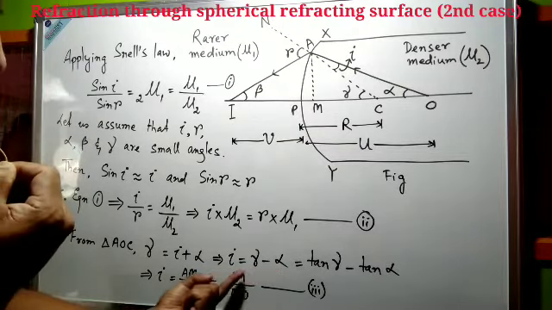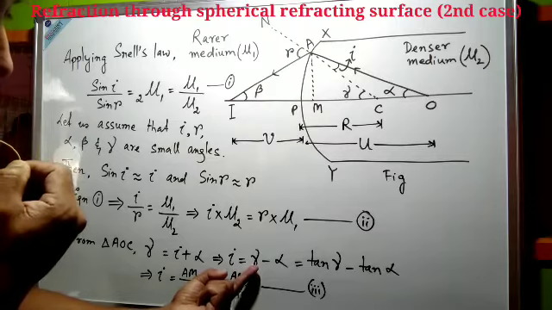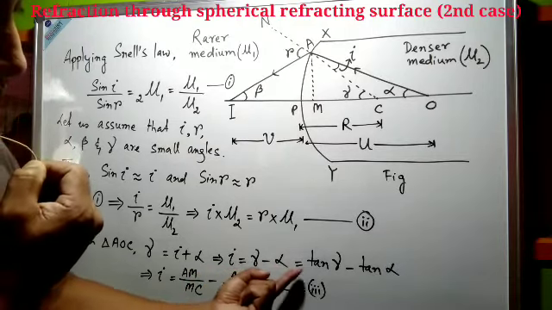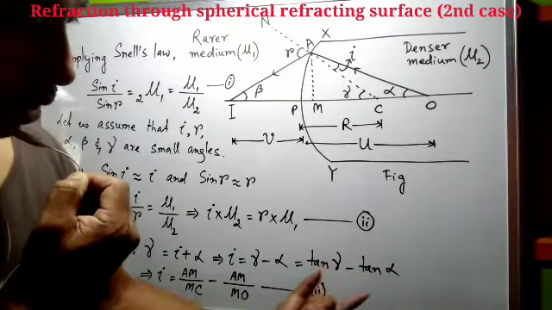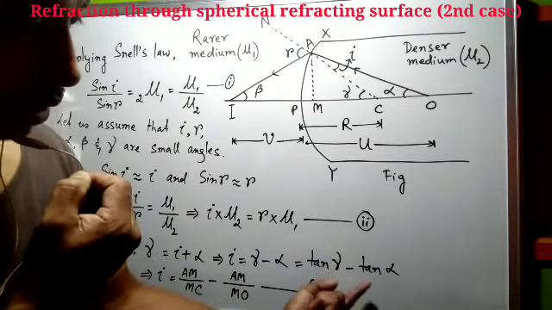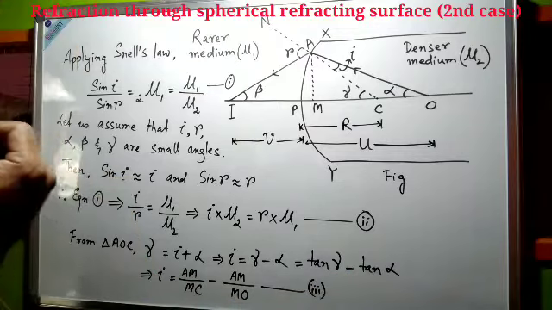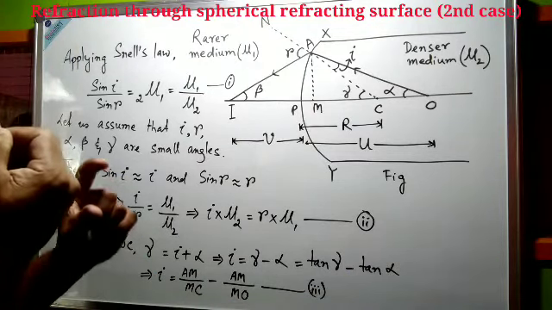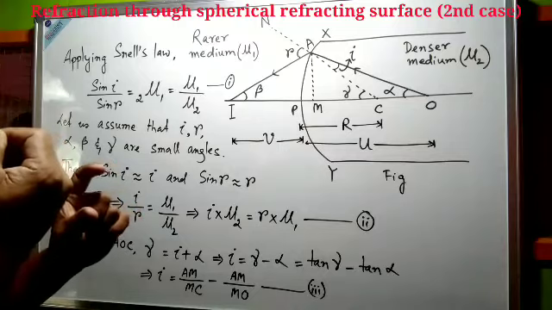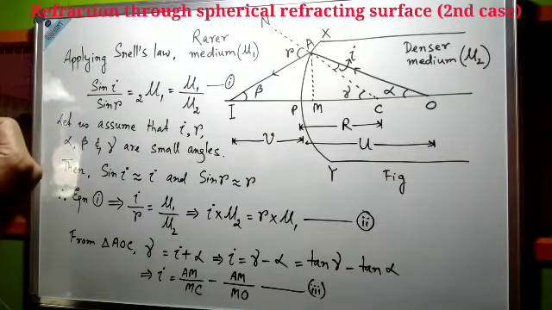So again we may write like this: instead of angle gamma and angle alpha, we may write tangent of gamma minus tangent of alpha, because these two angles alpha and gamma are also very small angles. So we may write tan alpha and tan gamma instead of alpha and gamma.